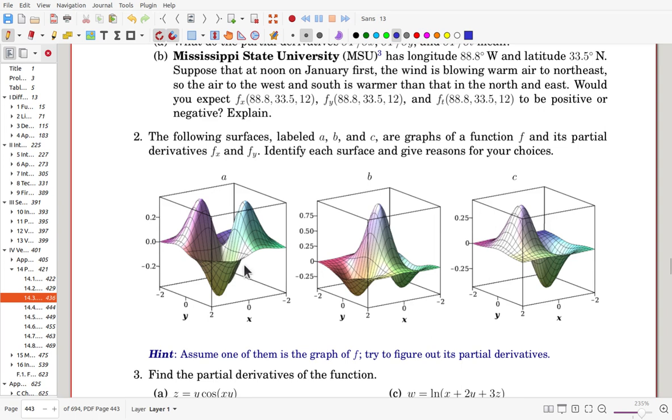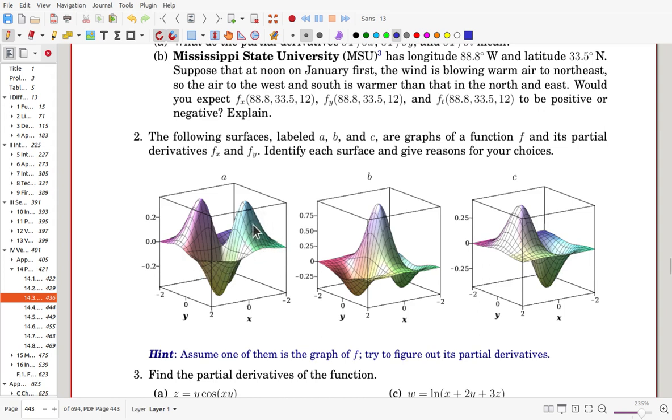You may assume one of them is the graph of f. For example, if you assume a is the graph of f, then let's look at the x directional derivative. So x is increasing in that direction, which means that around there, f sub x must be positive because it's increasing in the x direction.